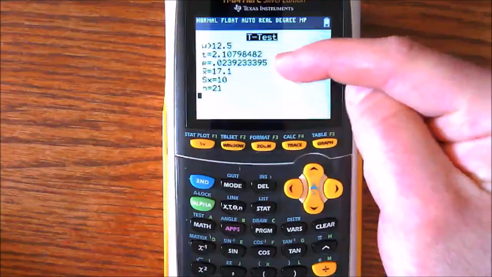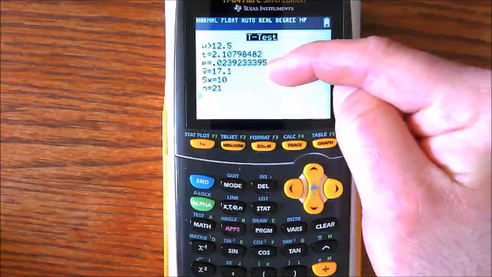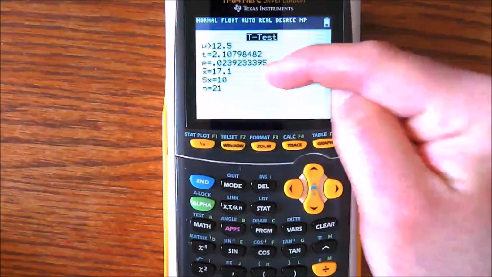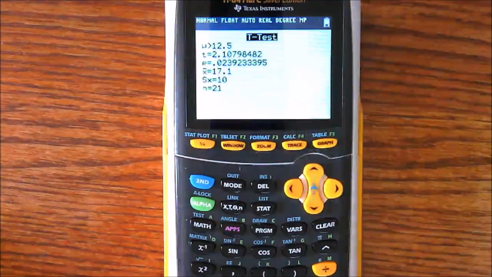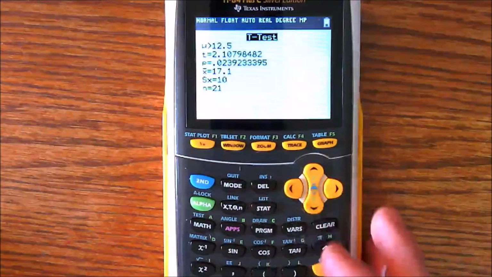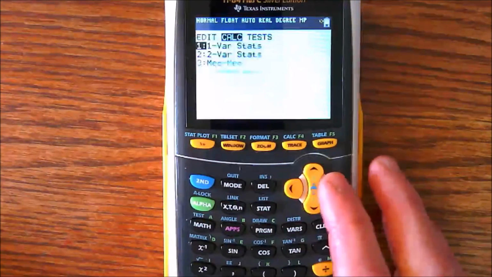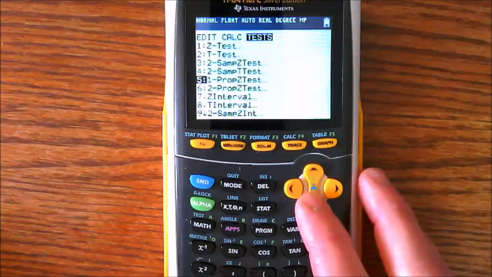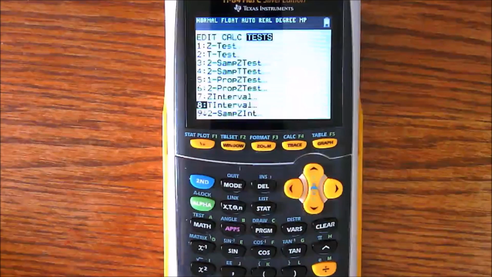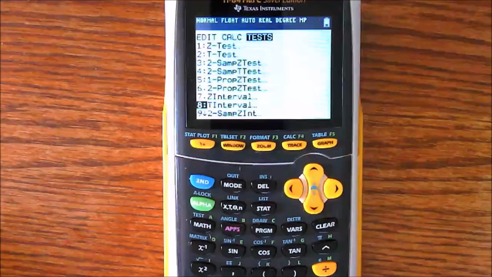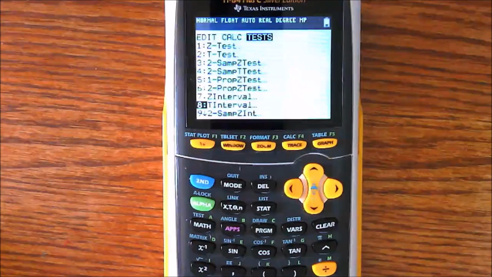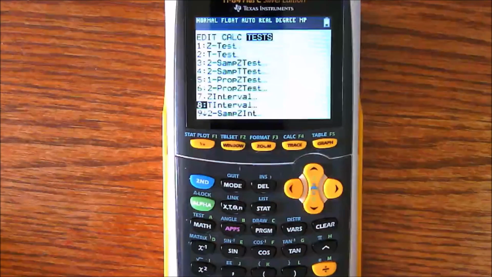So again, it gives us our t-score, our p-value, which is the main thing we're going to look at, and then the rest of it. If we wanted to do a confidence interval, which it does ask us to do, we'd hit stat again, over to tests, and make sure you go to t-interval this time. Just like I said, we use t when we don't know the population standard deviation.